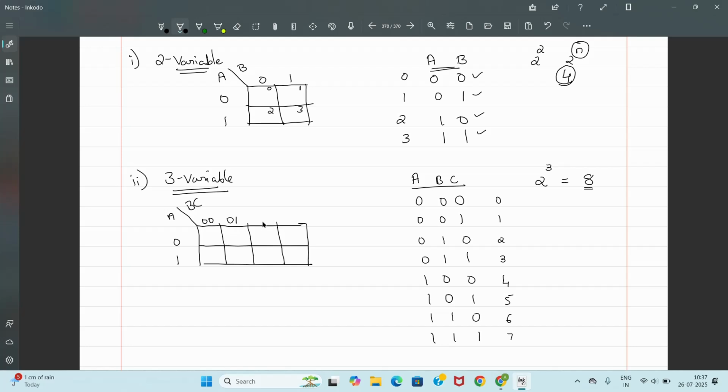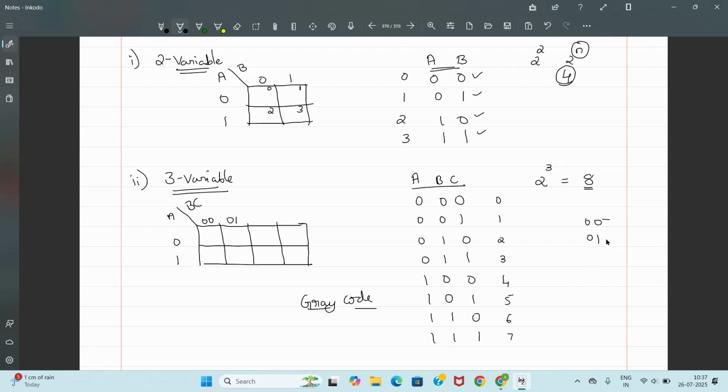Now remember, when you're writing a K-map, it follows something called the gray code method, which means from one value to the next value, there cannot be a change in more than one position. Just look at these two numbers.